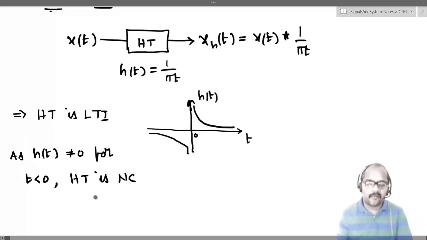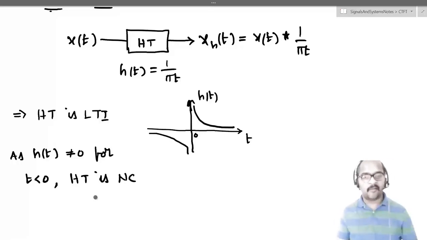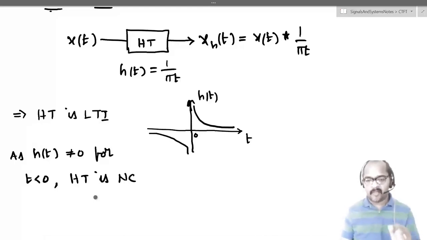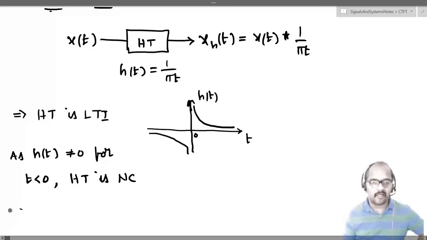What is the property for causality of an LTI system? The impulse response should exist only for t greater than or equal to 0. For t less than 0, it should be 0. But for the Hilbert transformer, it is non-zero for t less than 0. Hence, we say the Hilbert transformer is a non-causal system.